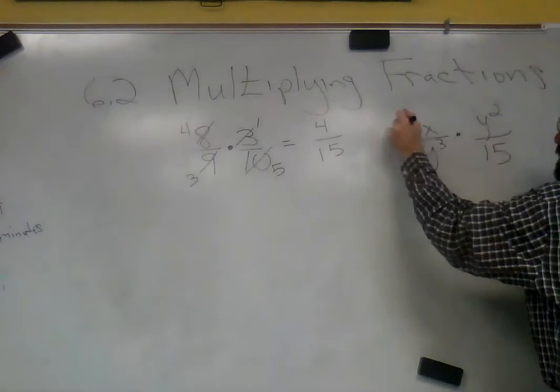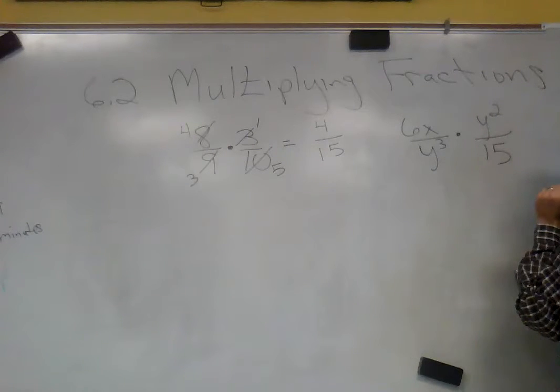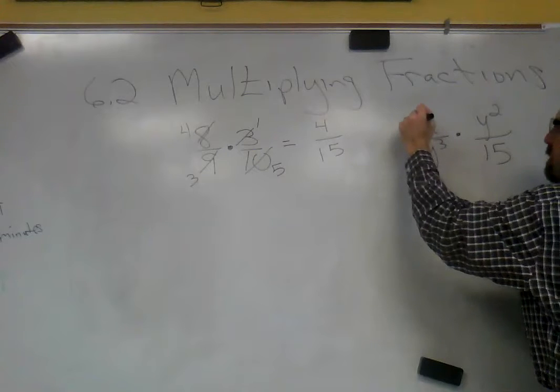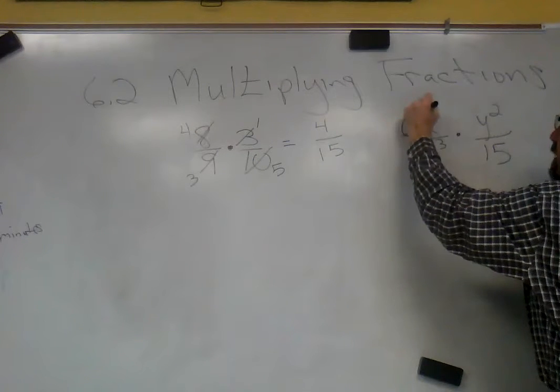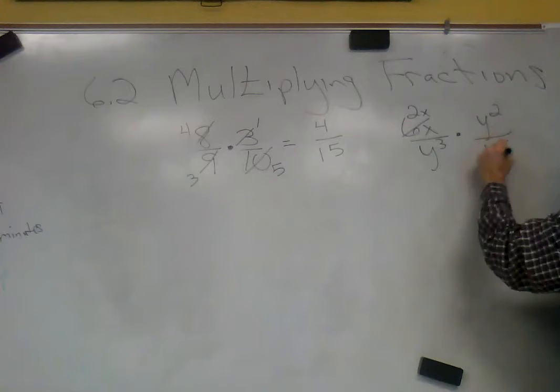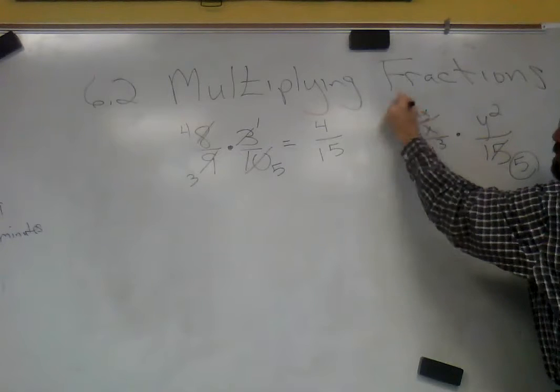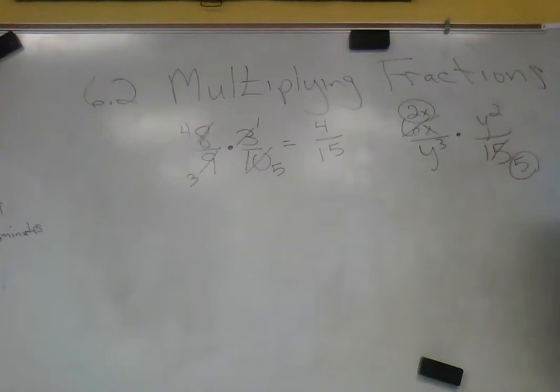This one only has x, but both of these could be divided by 3. So 6x divided by 3 would give us 2x. 15 divided by 3 is 5. Sometimes as we get more and more involved, if you want to circle those, that way you don't lose the part. It is easy to lose variables.